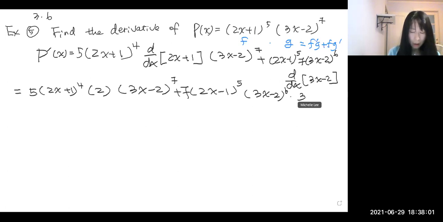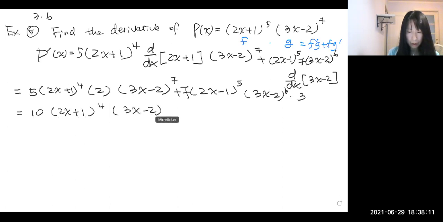Okay. Now we have 10 there. (2x plus 1) to the 4th power, (3x minus 2) to the 7th power plus 21. And 2x. Wait a minute, why do I keep changing the sign? It's plus 1. Plus 1 and plus 1.